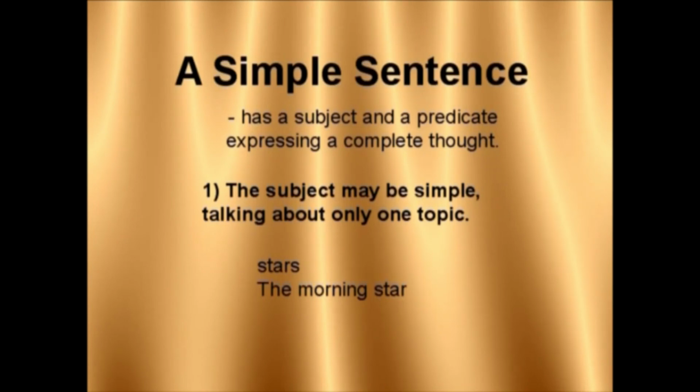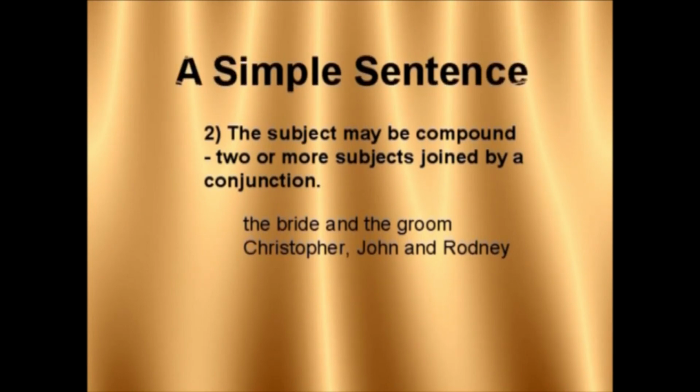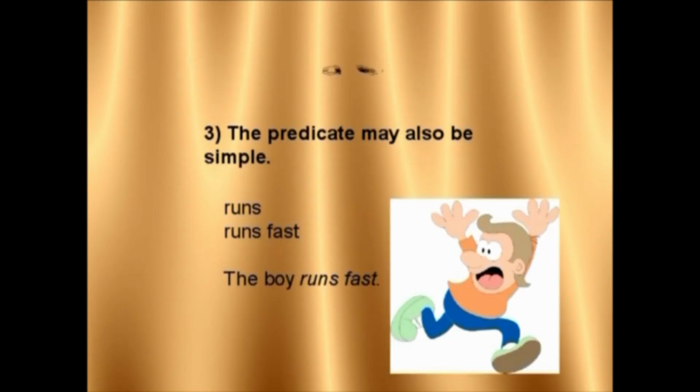The subject may be simple, talking about only one topic, like stars, or the morning star, with descriptive or modifying words. Or the subject may be compound, 2 or more subjects joined by a conjunction like the bride and the groom, or Christopher, John, and Rodney.